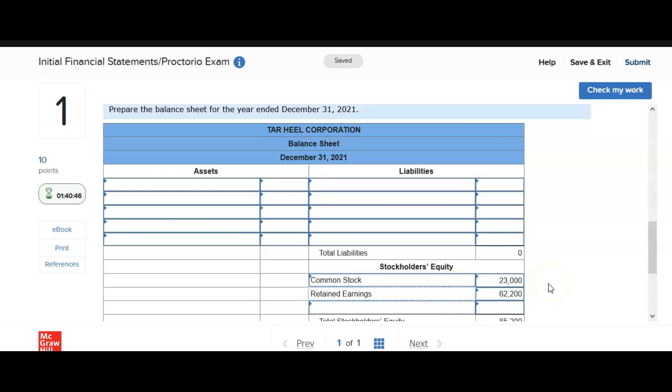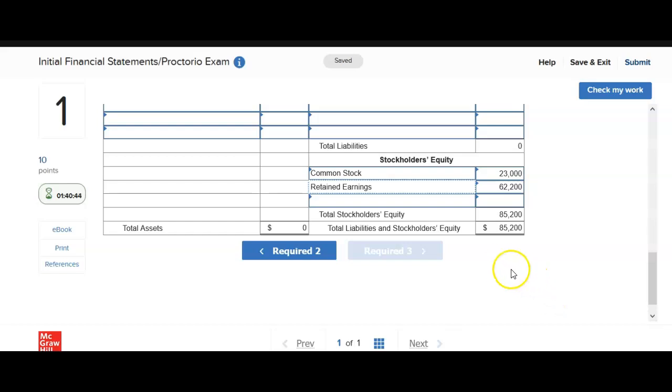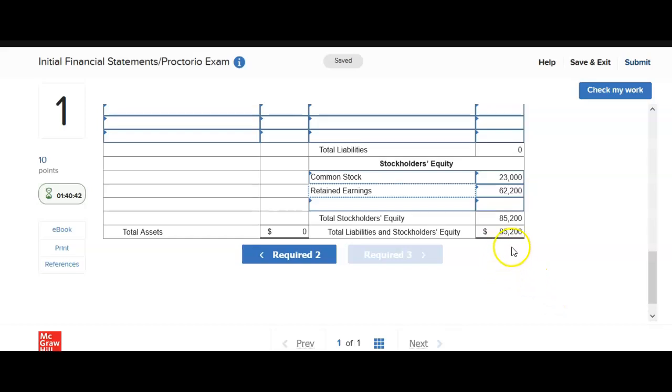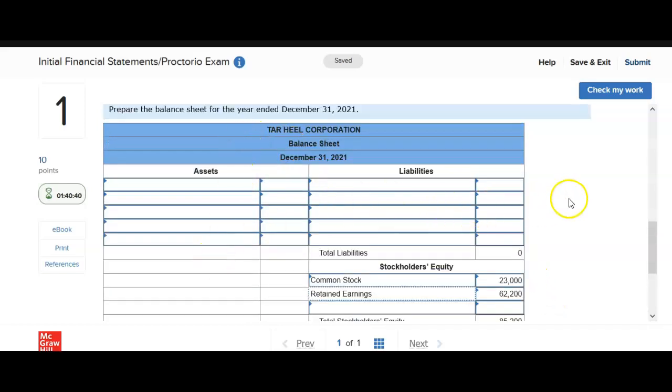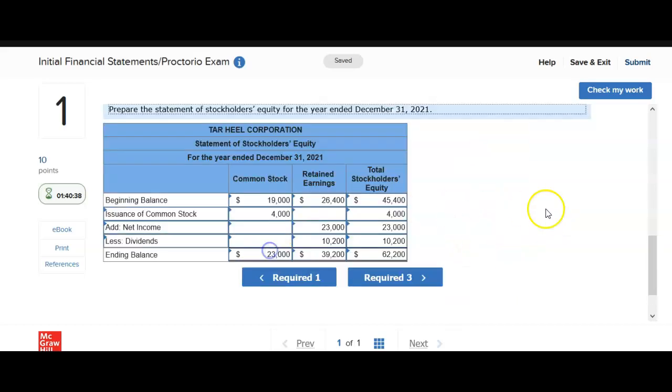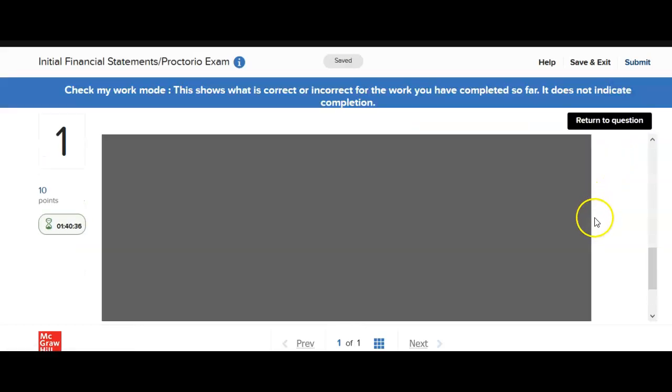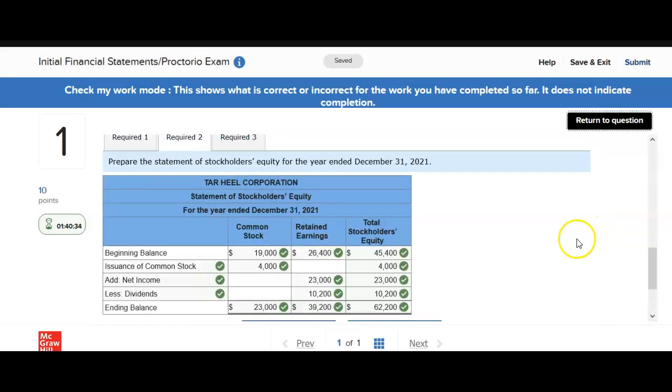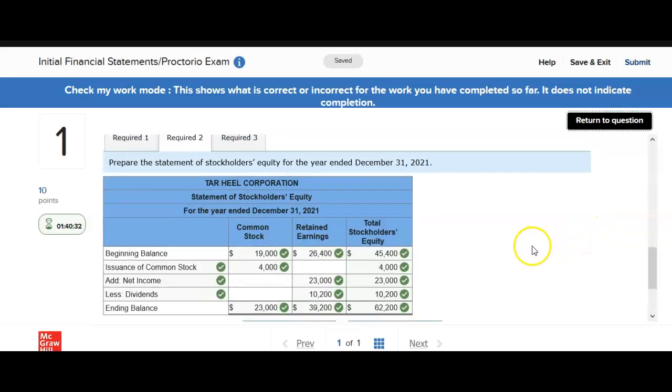Okay. And that would be your stockholders' equity section. Then you would add your assets over here and your liabilities over here. Okay. Let's go back to here. Let's just check our work. And it looks like everything is okay. So I hope that was helpful, and good luck with your studies.